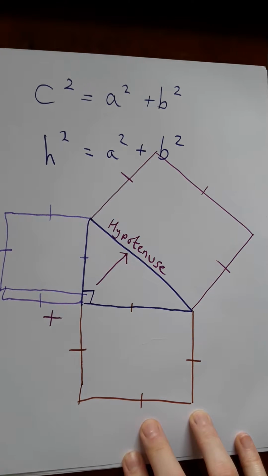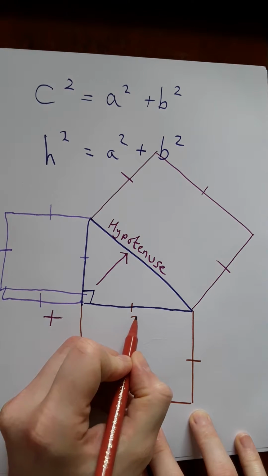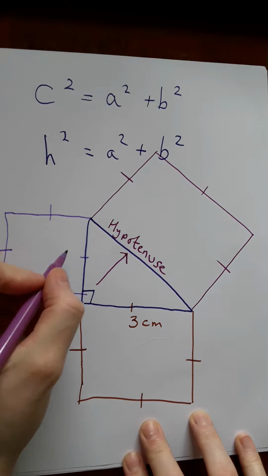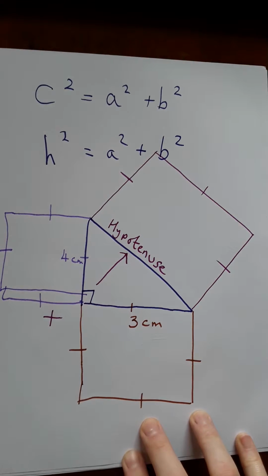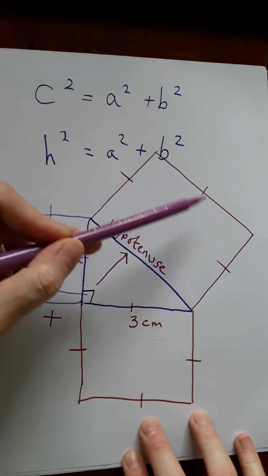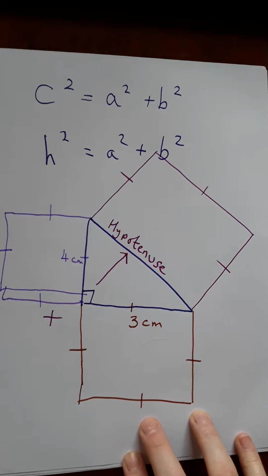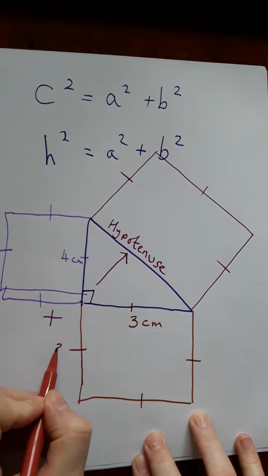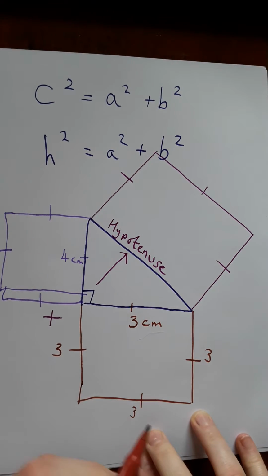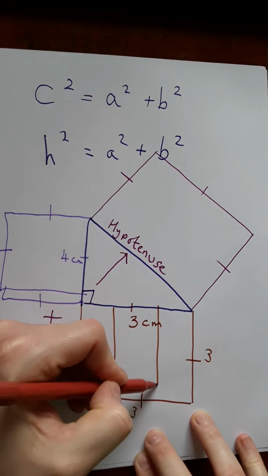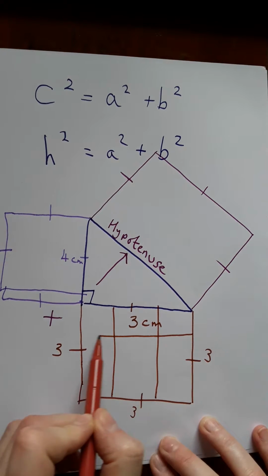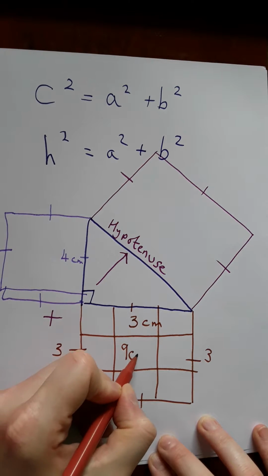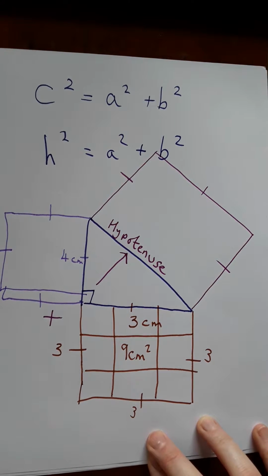So here's an example. If this side is worth 3 centimetres, and this side is worth 4 centimetres, we can work out the area of this. So if this square means that each side is worth 3 centimetres, then I have 3 centimetres going this way, obviously this isn't drawn to scale, and 3 centimetres going this way, so I have 9 centimetres squared in total.